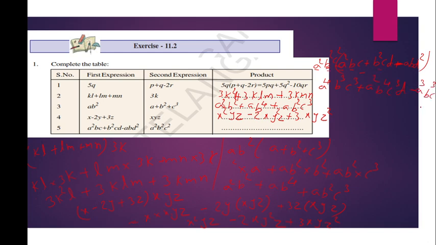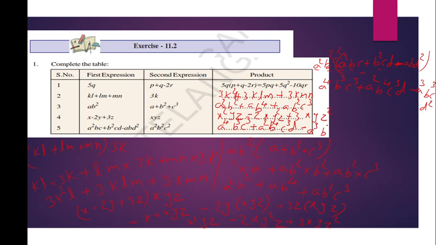I will write as it is: A power 4, B cube, C cube plus A square, B power 4, C cube D minus A cube, B cube, C square, D square. So this is the answer.